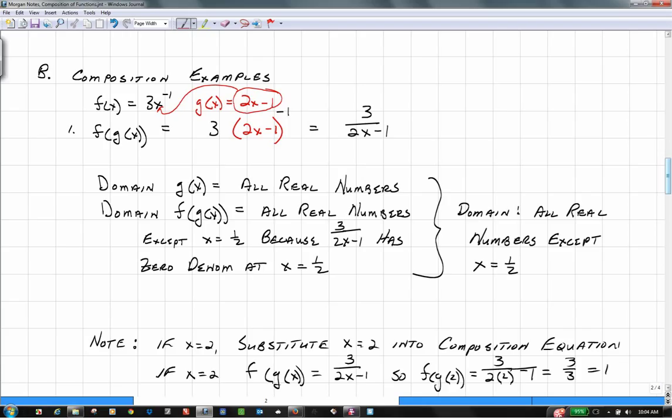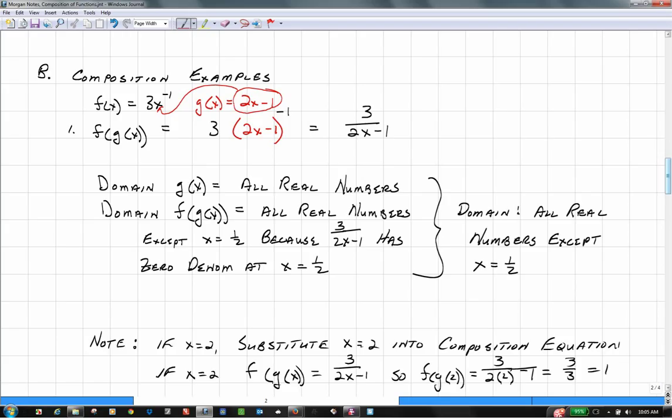Now, if there were more x's, I would have to put g of x into every x in f of x, every one of them. When I work this out, I take the 2x to the minus 1. Since it has a negative 1 exponent, it's going to drop down to denominator position, and it's going to look like that. Okay, so that is the composition of f and g of x right there.